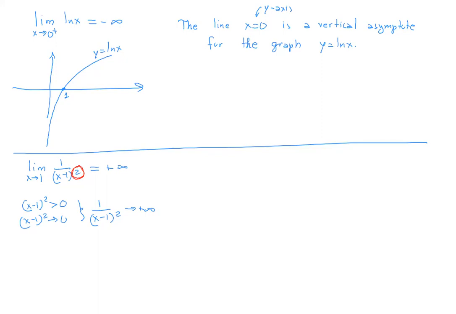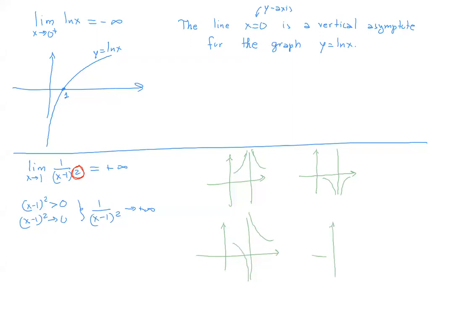So in general, for rational functions, whenever you have an asymptote, you will have one of these 4 cases. So you will either have something like what we showed right now. Here the limit exists and it's positive infinity because you have the same behavior from both sides. Here's a case where the limit will exist and be negative infinity because it behaves like so from both sides. And then you will have 2 other cases. One case where the limit from the right will be positive infinity and from the left will be negative infinity.